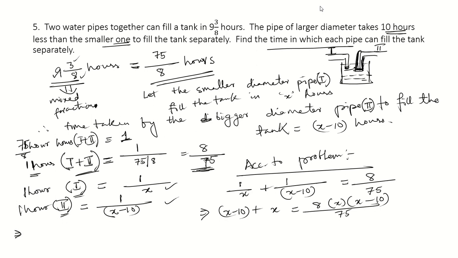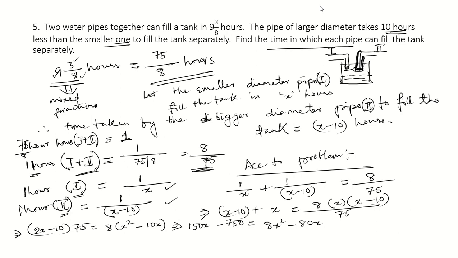What we get here is 2x minus 10 times 75 equals 8 times x squared minus 10x. Then 75 times 2 is 150, so 150x minus 750 equals 8x squared minus 80x, right?